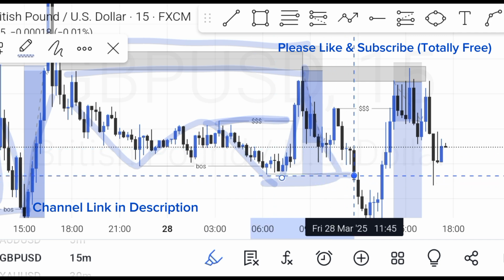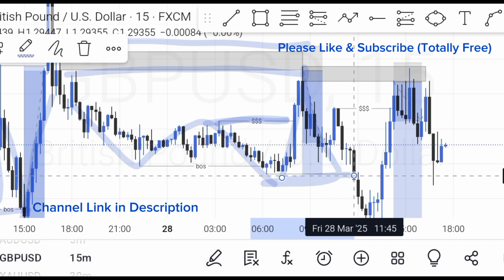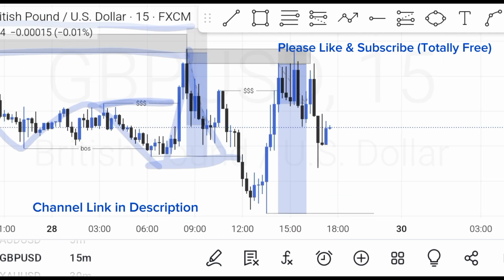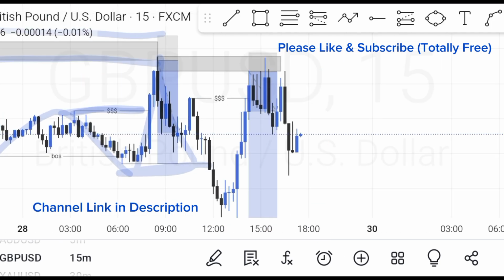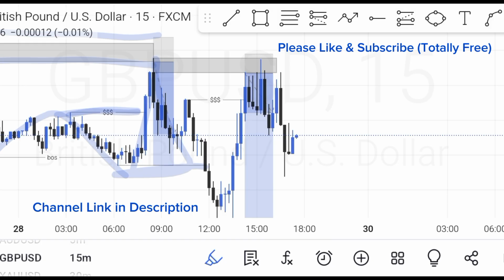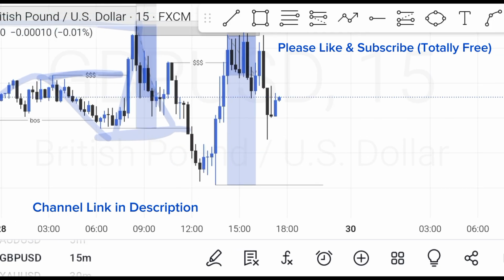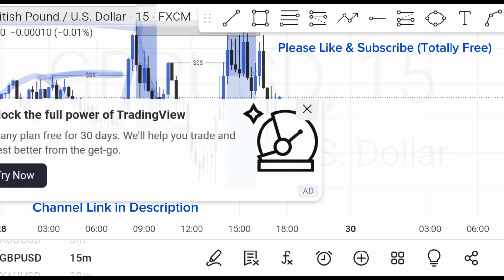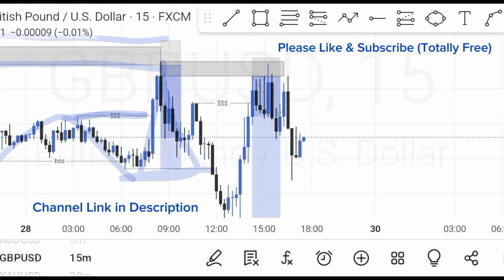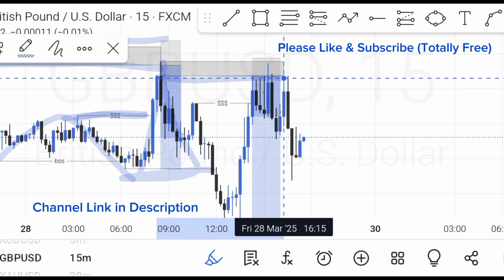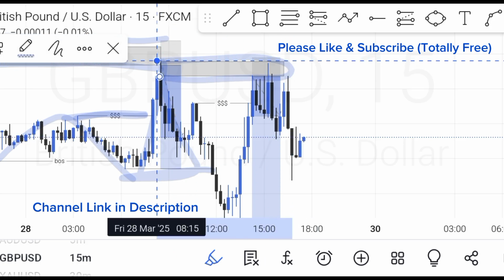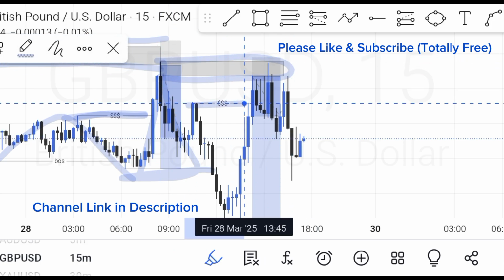The chart is looking too messed up, but I don't want the video to be too long. Same stuff. I'm currently on this trade, but I already closed it out because today is Friday and I don't want those kinds of weekend gaps. If you don't understand this, simple stuff: price hit our POI, took out inducement, and that was what made me enter the trade.